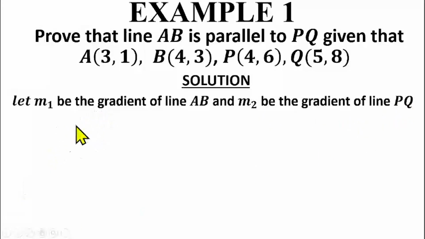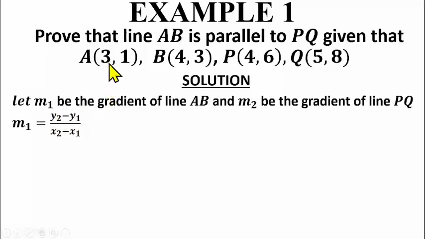Don't forget, you have been taught how to find the gradient of a straight line given two coordinates it passes through. For M1, the gradient of line AB, we have y2 minus y1 over s2 minus s1, which is the formula for the gradient of a straight line.